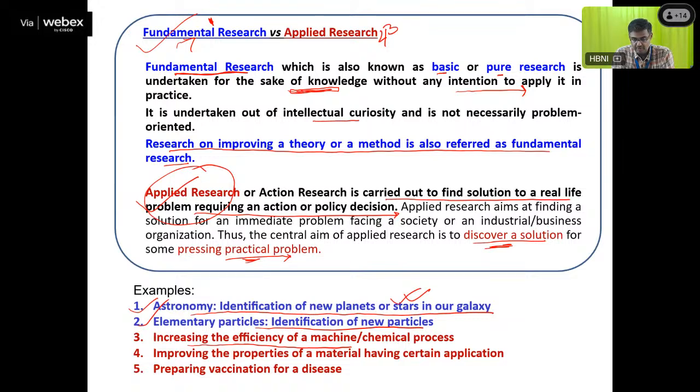So the wholehearted research goes into increasing the efficiency of the machine, and such a research problem will come under applied research. You will definitely adopt a research methodology and use research methods to arrive at your solutions. Another example is increasing the efficiency of a chemical process.